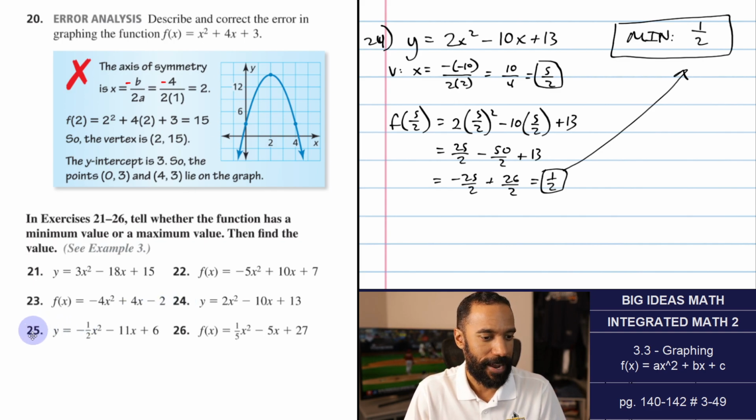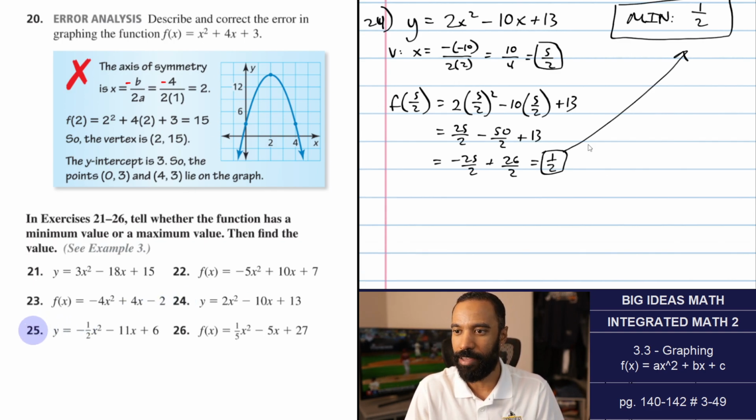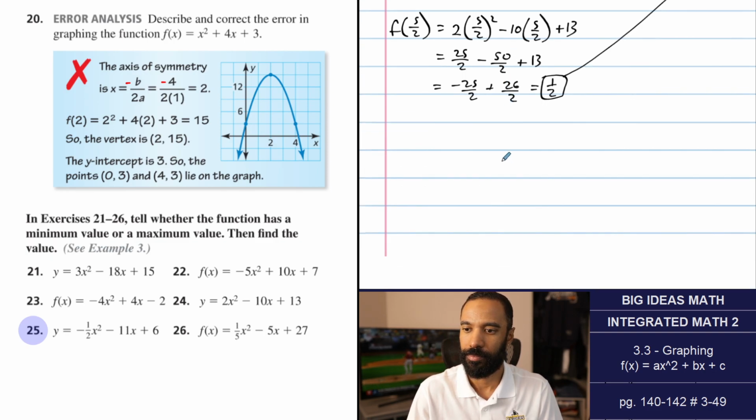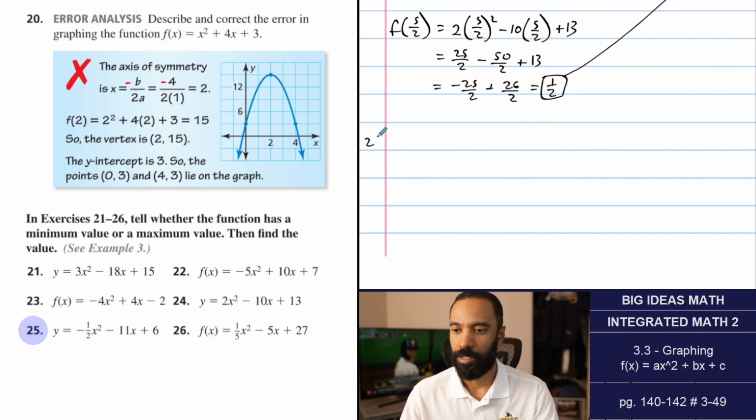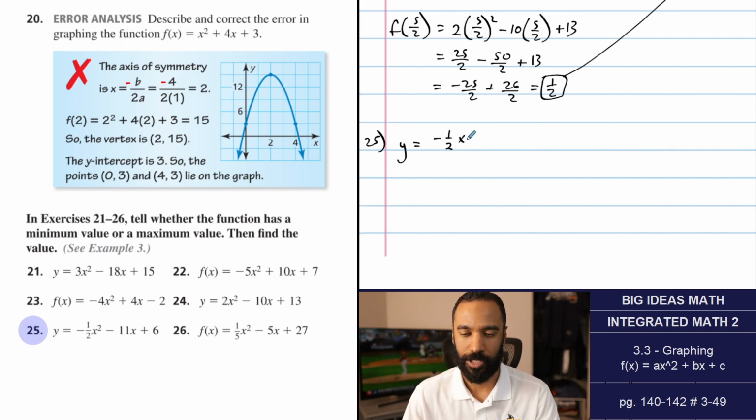2 more, and of course they hit the fractions, so let's check those out. Number 25, we have y equals negative 1/2 x squared minus 11x plus 6.